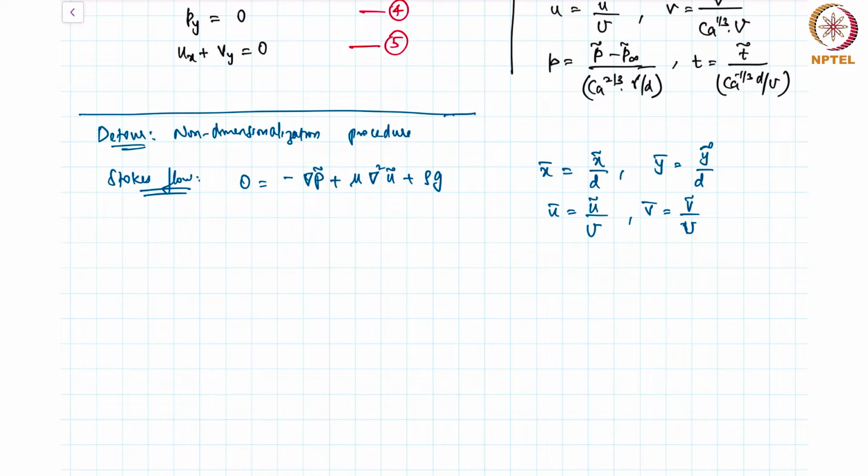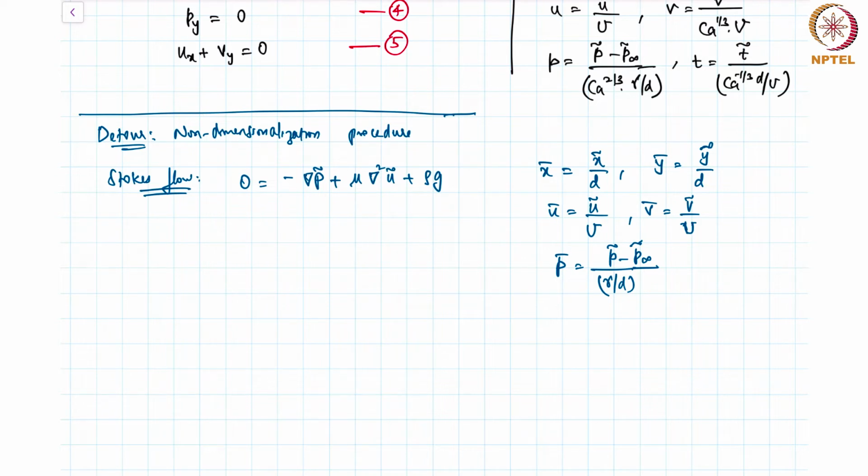And for the scale for pressure, we can simply take P bar to be P tilde divided by gamma by D, or we can even subtract the pressure outside. Of course, I'm not doing this rigorously, but I'll give you an idea of where this comes about.